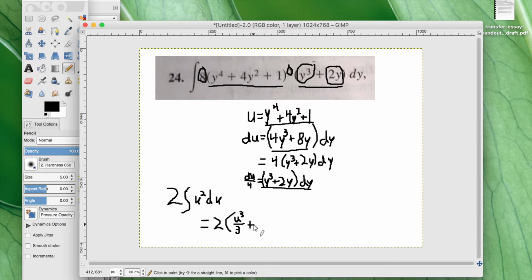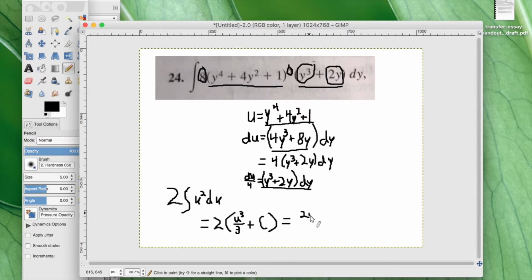plus C, which is a constant, by the way. Remember, when we're doing indefinite integrals, we get a constant outside of the normal integrated values. So this ends up becoming 2u cubed over 3 plus C, because C is a constant.